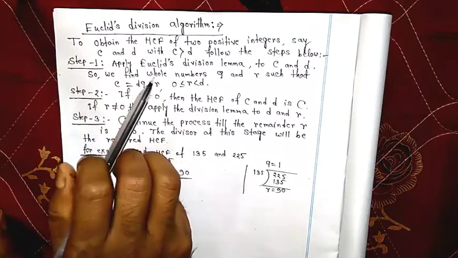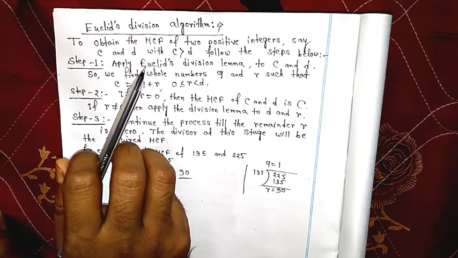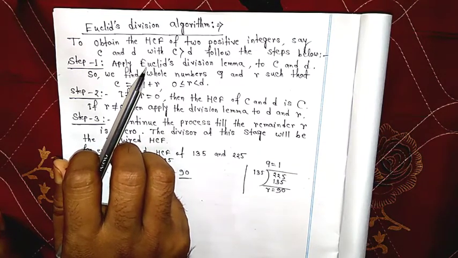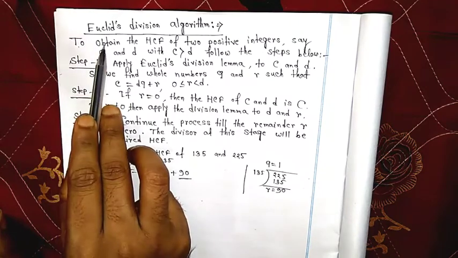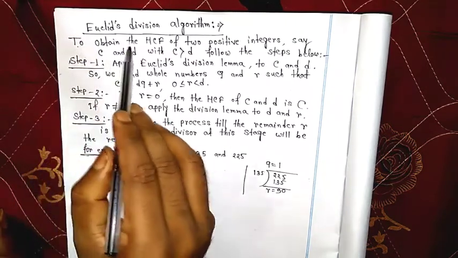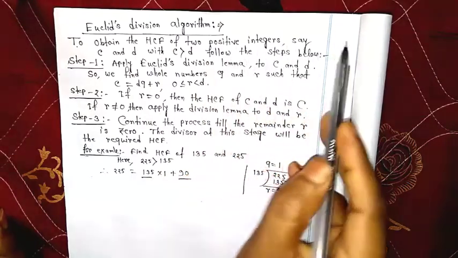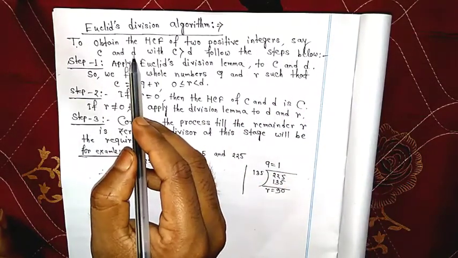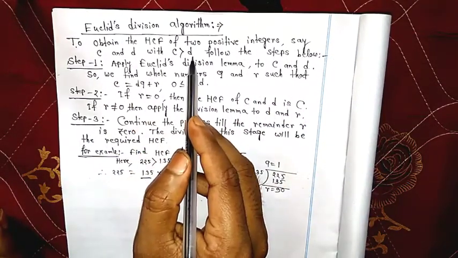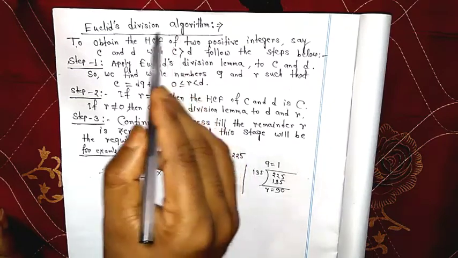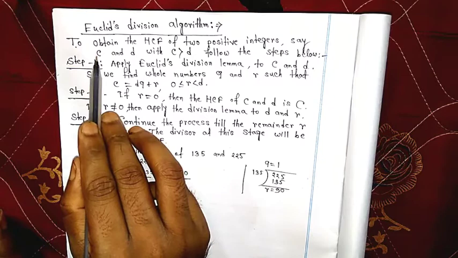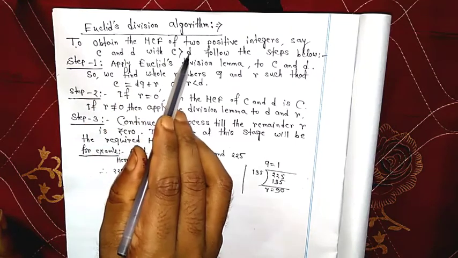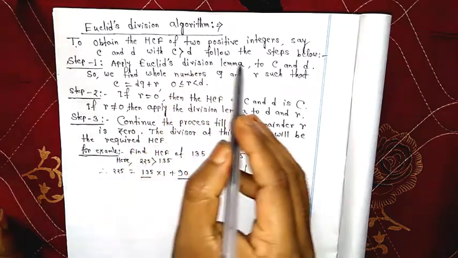We can use this Euclid division algorithm to find the HCF of two positive integers. This is the statement: to obtain the HCF of two positive integers, say c and d, where c is greater than d, follow the steps below.